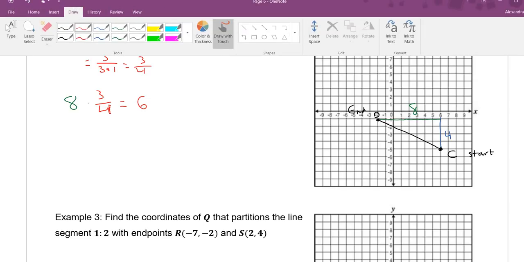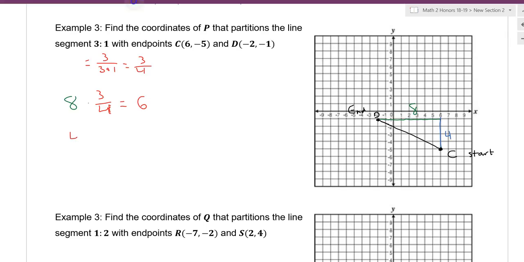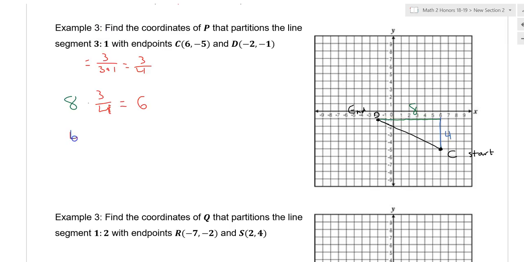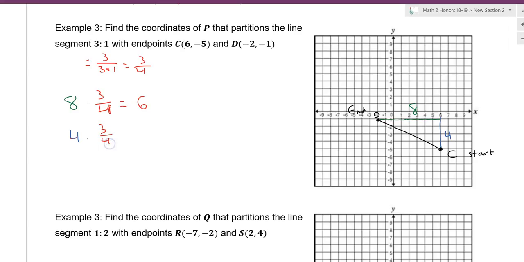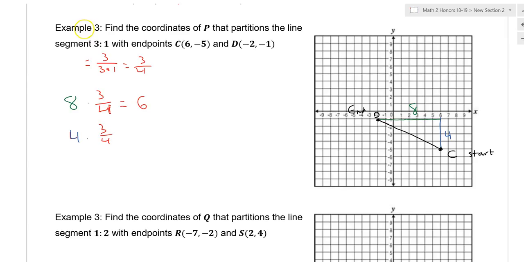Your other value there is 4. 4 times 3/4 is 3. So I'm going up 3, over 6, because we're starting here, going to there. So that point is 0, -2.